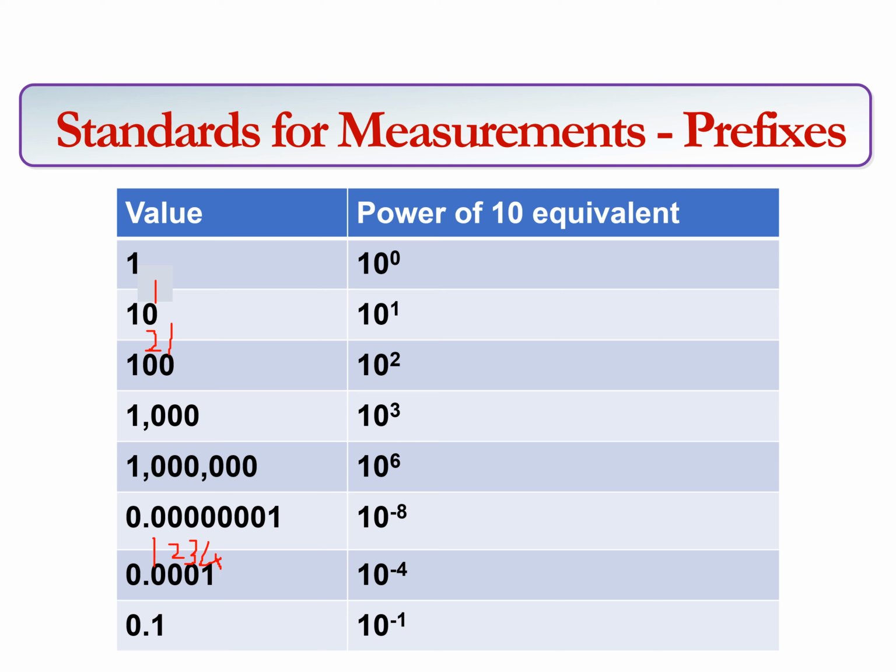So this will then be 10 to power minus 4. And 0.1 will be 10 to power minus 1 because you counted just 1. And because the number is less than 1, you are giving it a negative sign. But when the number is greater than 1, the exponent will carry a positive sign.